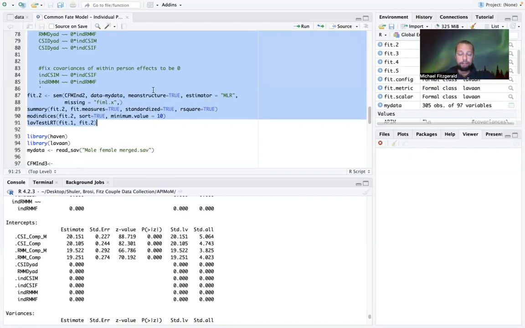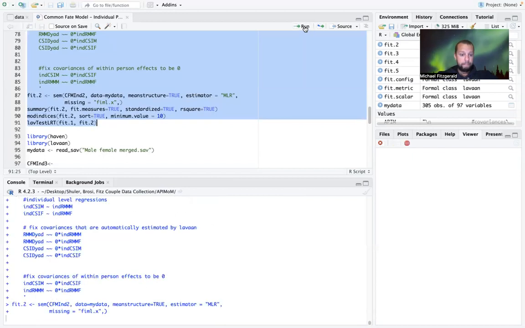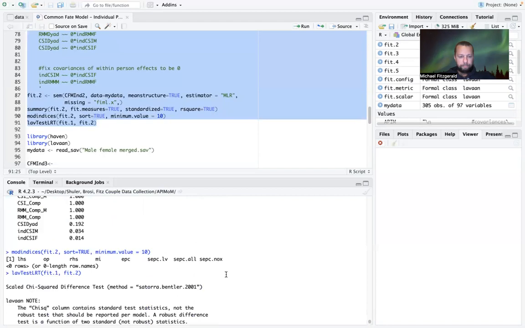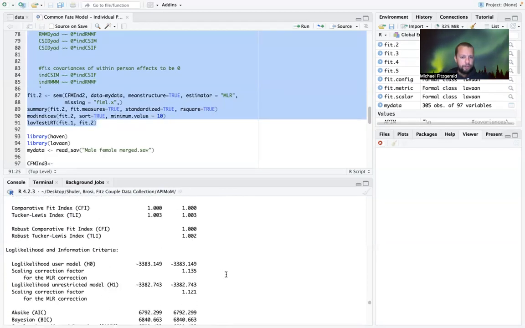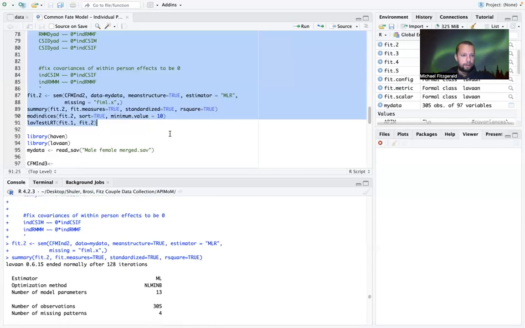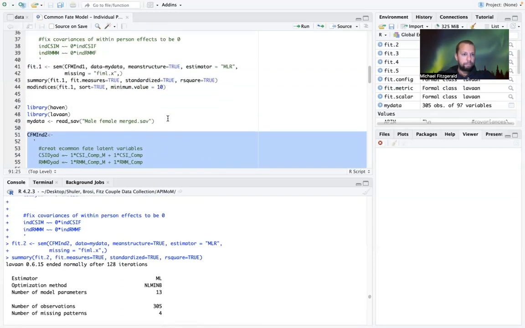And then we can conduct a likelihood ratio test in order to see if the restrictions that we are imposing on the model are significantly worsening our model's capacity to reproduce the characteristics of our data. All right, and so we can take a look at our model.